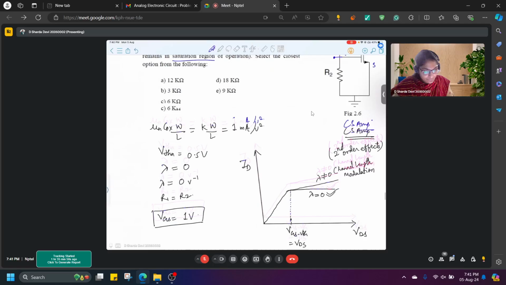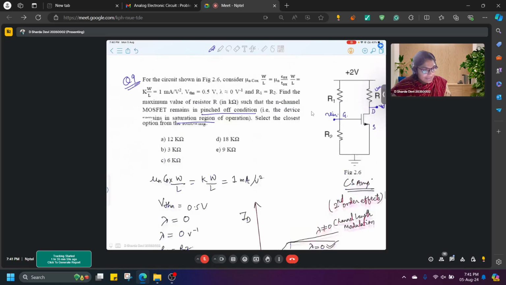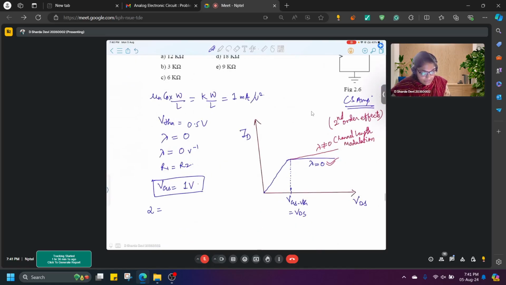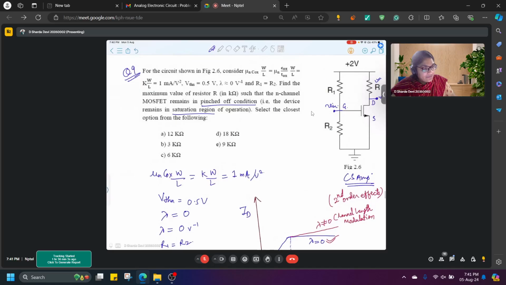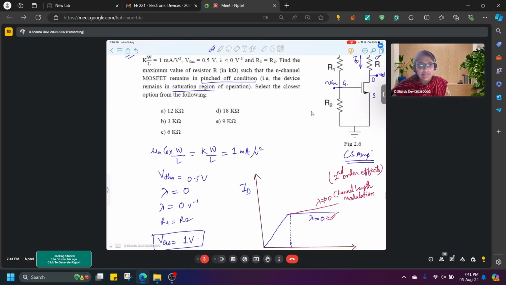So you know that your transistor needs to be in saturation. If I write the KVL for 2 volts, considering the current ID, it would be 2 volts is ID into R plus VDS. Correct?